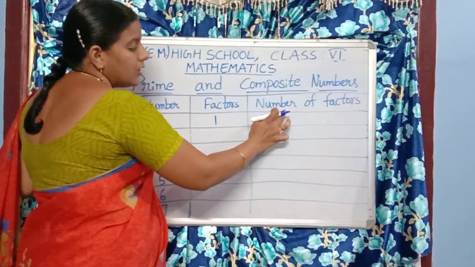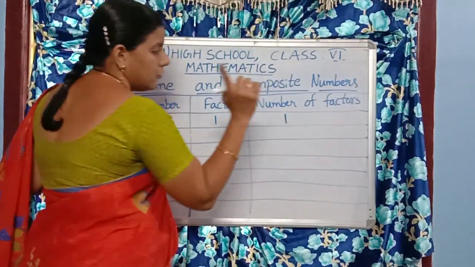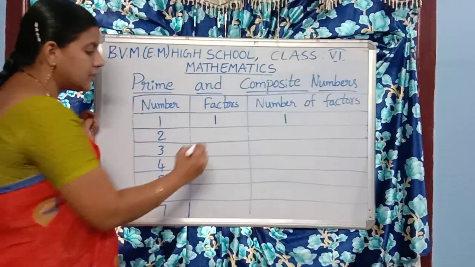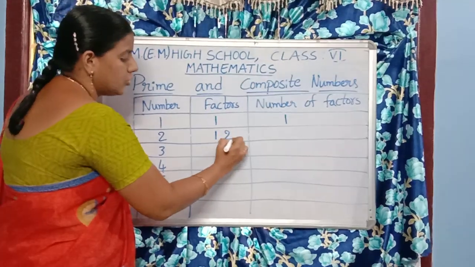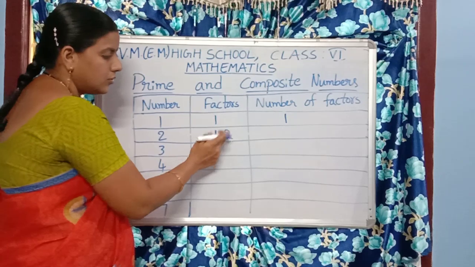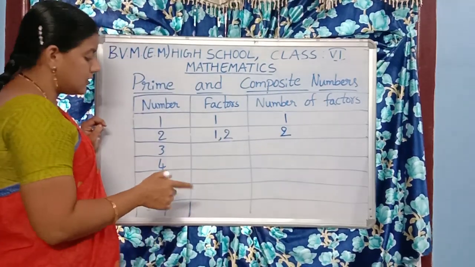How many factors? Only 1. For 2, the factors are 1 and itself, 2. The number of factors is 2.